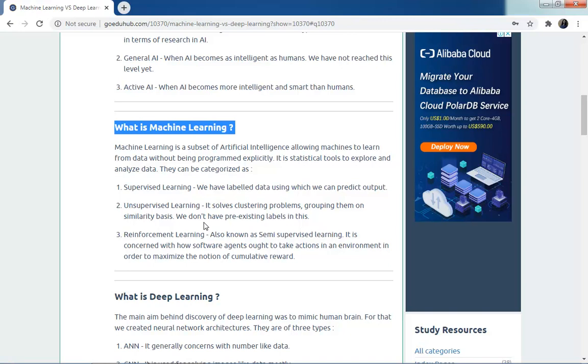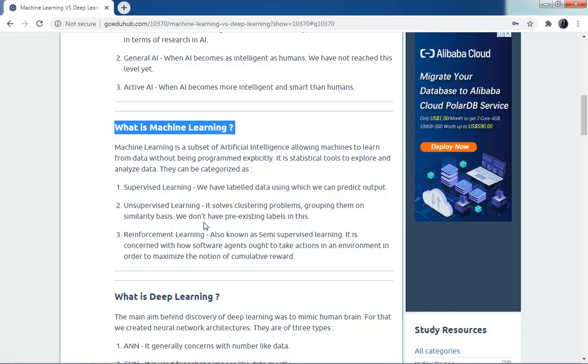Now come to the third term, that is deep learning. What is basically deep learning? Deep learning, you can say, is a particular type of machine learning. I can define deep learning as a particular type of machine learning that is inspired by the functionality of our brain cells called neurons, which led to the concept of the artificial neural network.